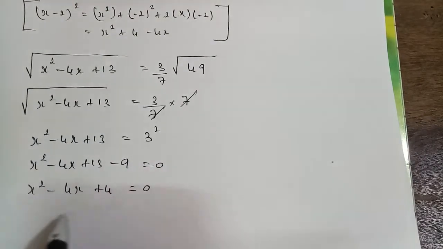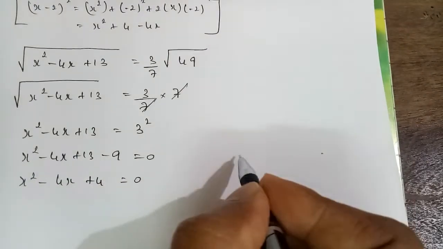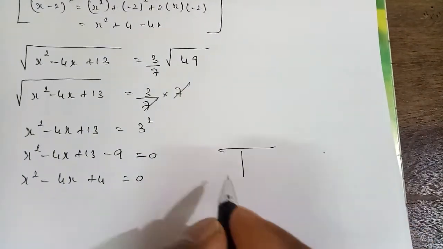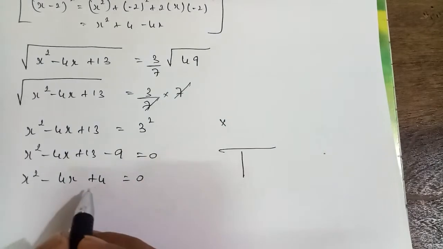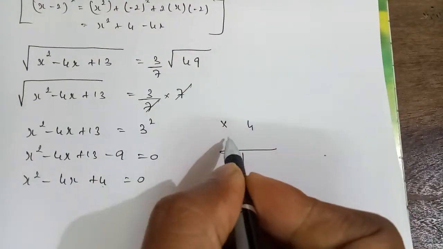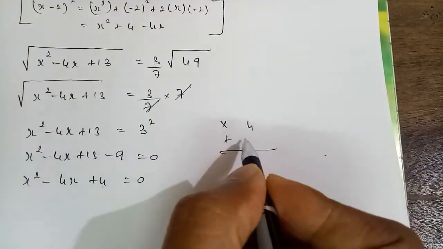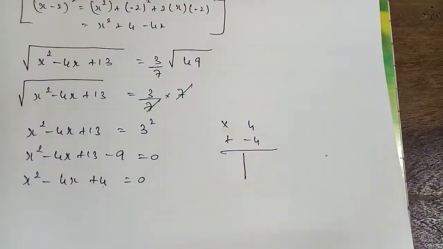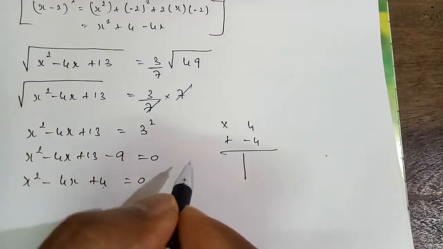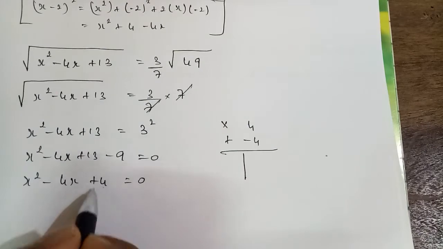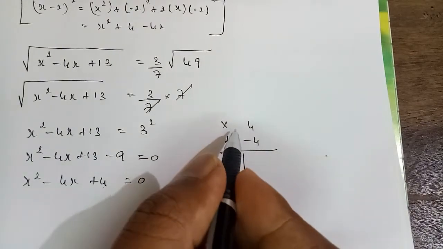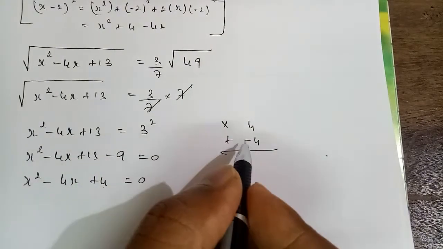So this now becomes a quadratic equation. I write it by the sum and product method. When we multiply, we should get 4. When we add, we should get minus 4. So what is the common number we need to find? When we multiply, we need to get the last one, that is plus 4. When we add, we should get minus 4.